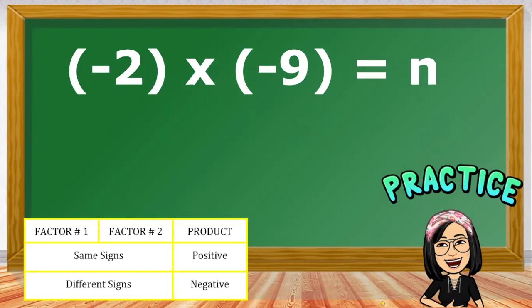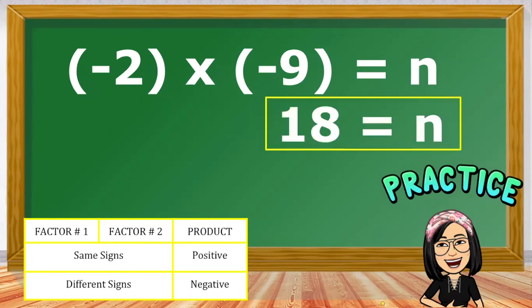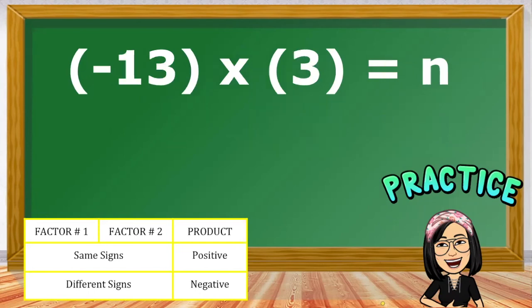Next, negative 2 times negative 9 is equal to n. Both factors are negatives. They both share the same sign, so their product is definitely positive. The answer is 18. Positive 18. Next, negative 13 times 3 is equal to n.